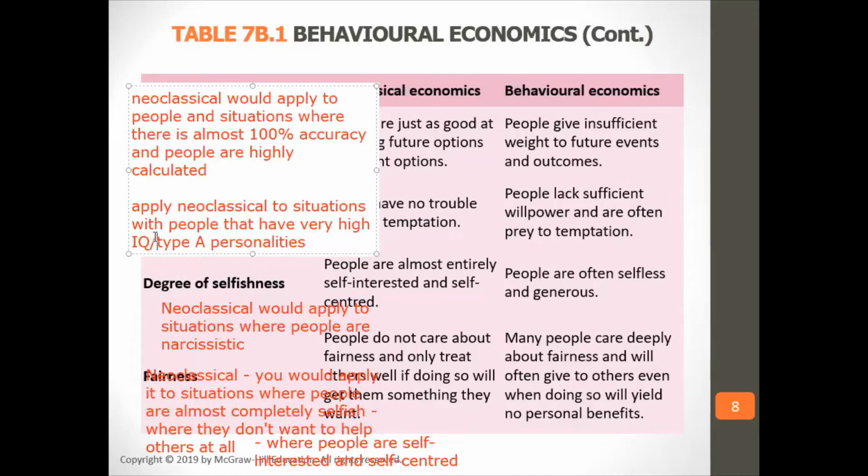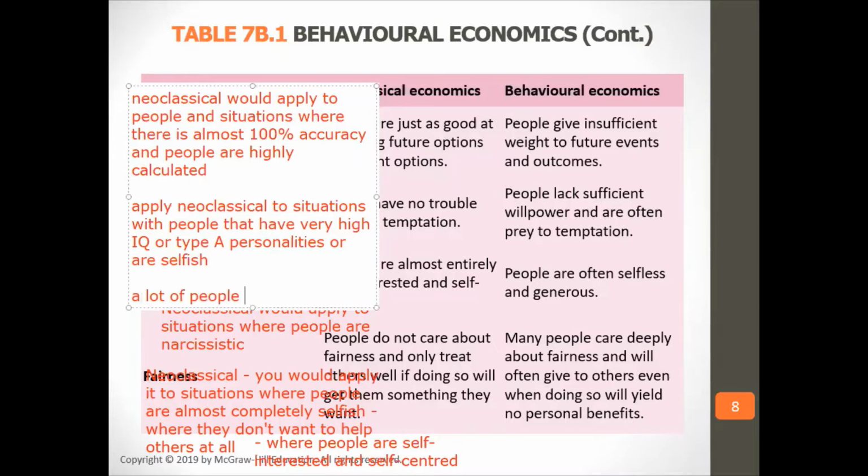Like the people with type A personalities are selfish. So people with very high IQs, they could be selfless. A lot of people with very high IQs are selfless and help others, right?